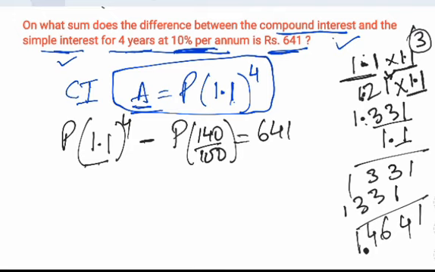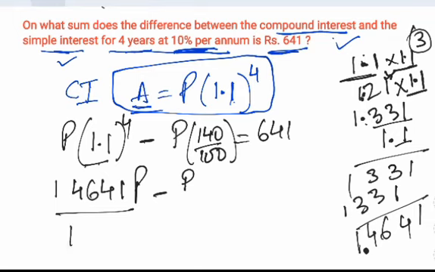So this will become 1.4641 P minus P, or we can write it as, we'll remove this decimal place, we'll divide it by 10,000, since there were 4 decimal places, because the point was over here.